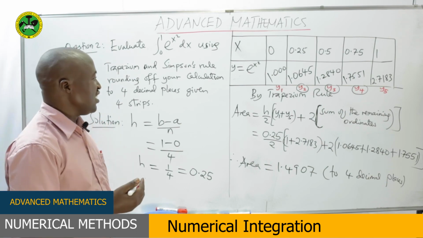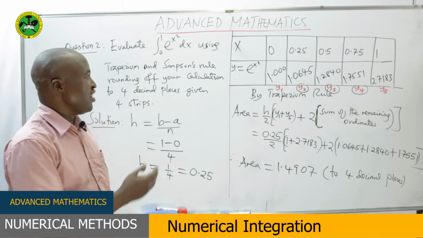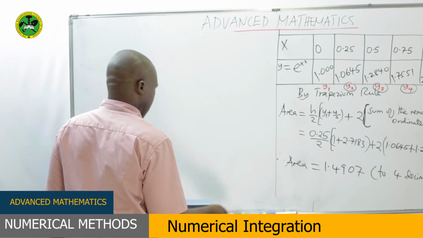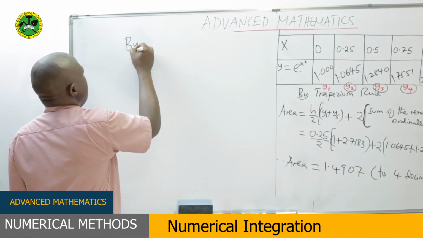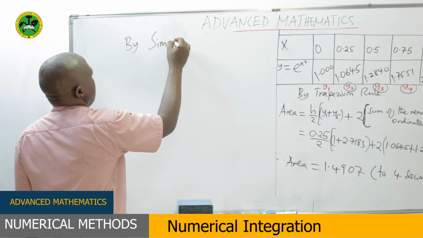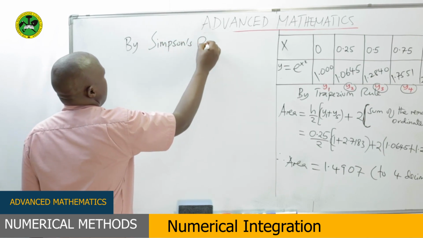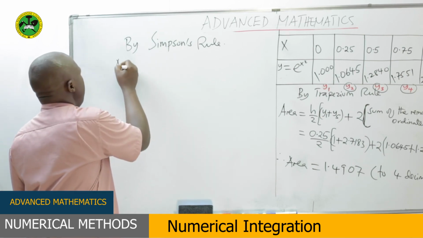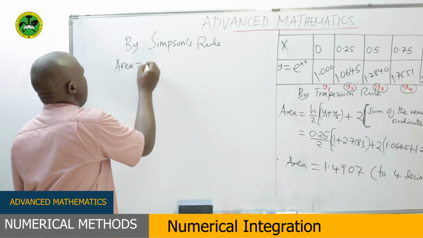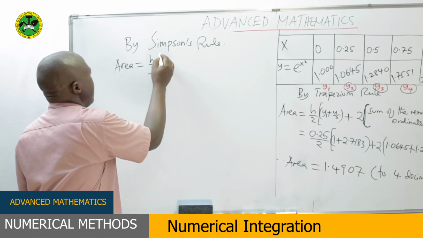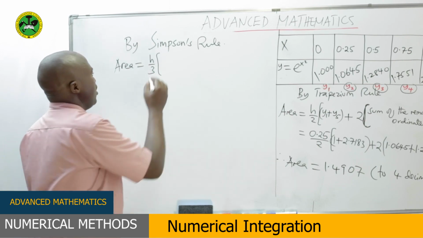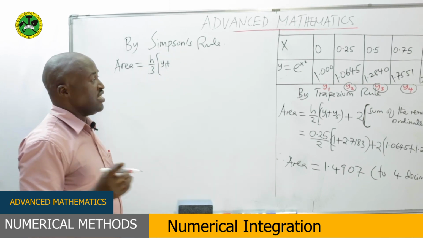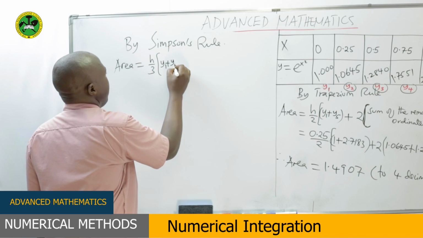So my dear student, let us proceed with the Simpson's rule, the same question. So that is by using the Simpson's rule, which says area is equal to h over 3. Then we have y1 plus the last ordinate, that is y5. Yes, add y5.